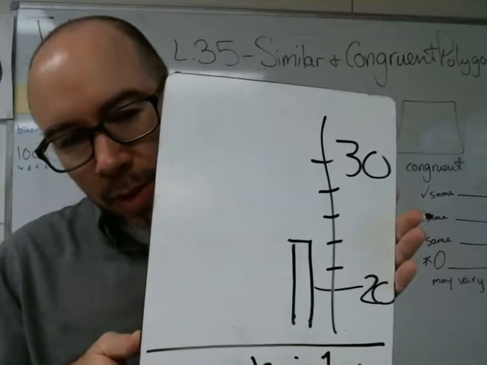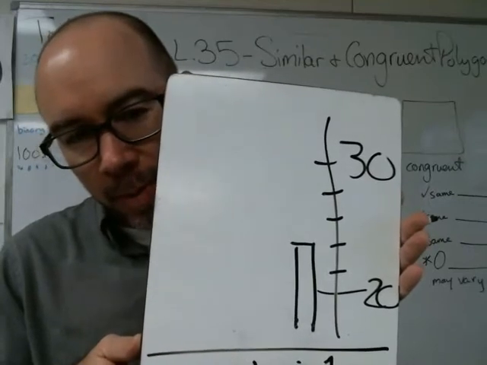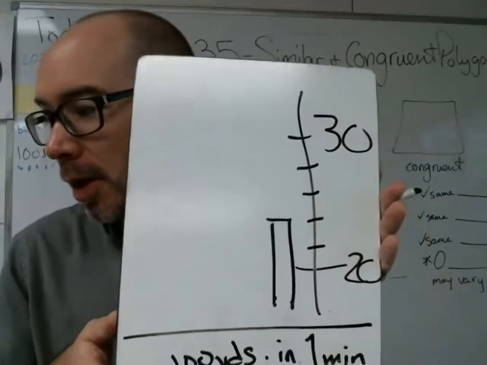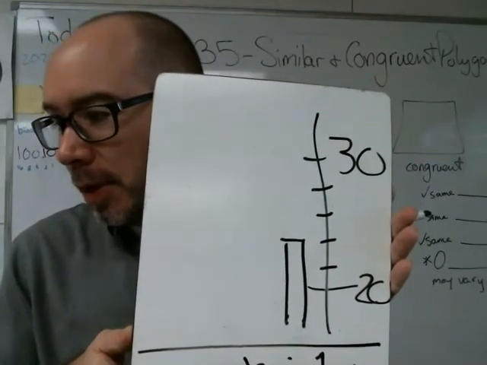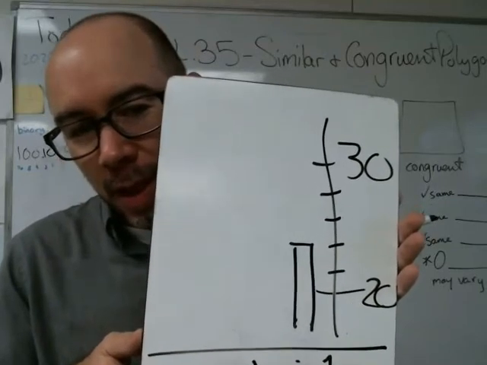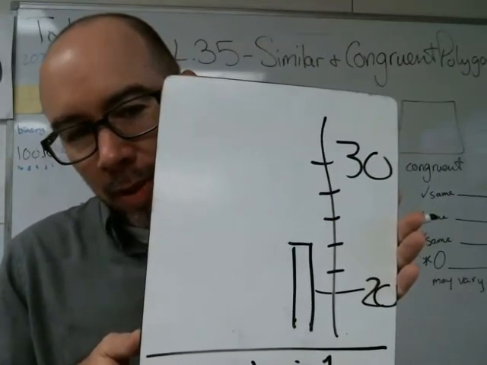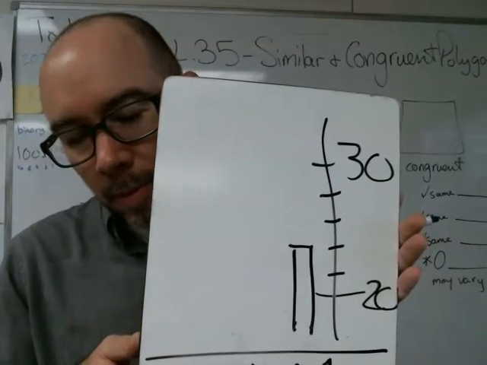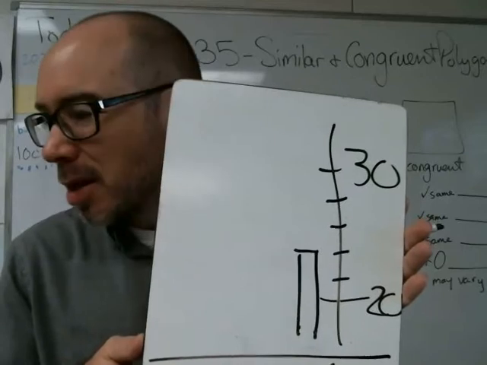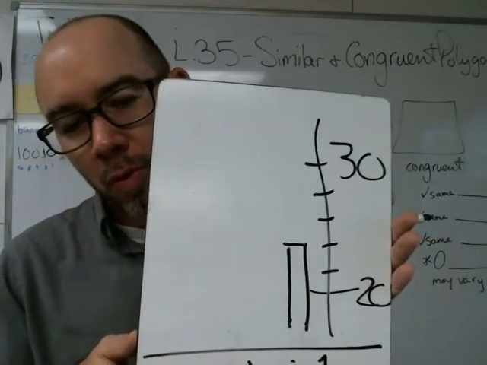And in order to figure out what the temperature is, we have to look at how many marks there are between 20 and 30. Okay, there it looks like there's 1, 2, 3, 4, 5 spaces there between 20 and 30. Okay, between 20 and 30 is 10, so each line has got to represent 2.